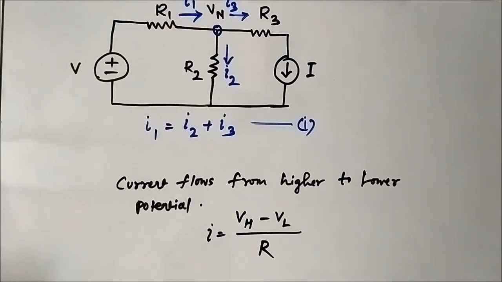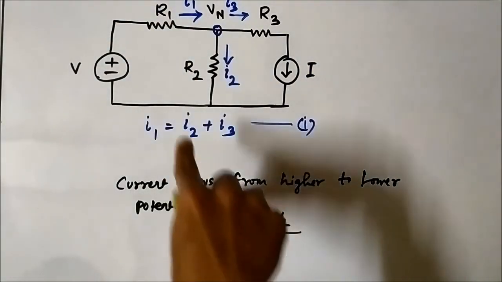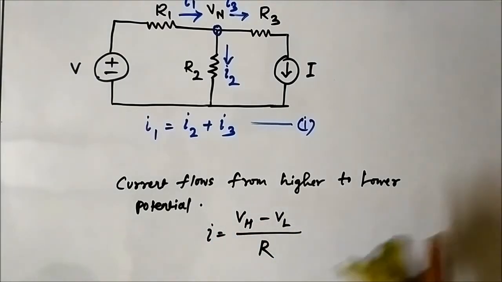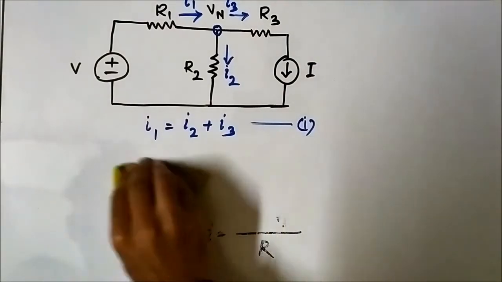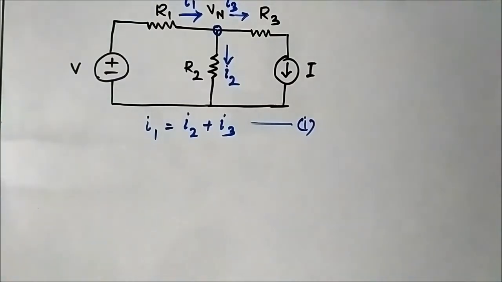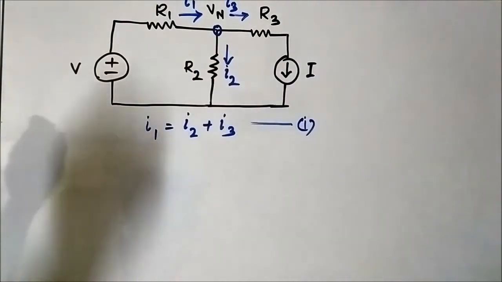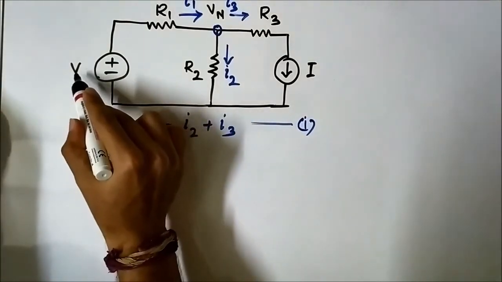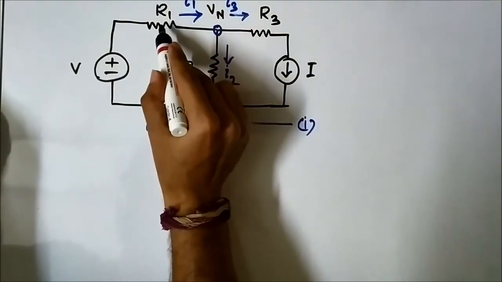Now we have to apply the nodal equation using this concept. The nodal equation at this point will be: I1 can be written as V minus Vn by R1.